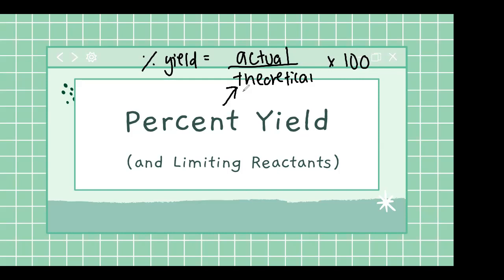Theoretical is something that you always have to calculate, what is supposed to theoretically yield. This can be in grams or moles, depending on what the question's asking, but it doesn't matter which one you choose because it's just a percentage and the units will cancel out. Just make sure that you are consistent for the problem.